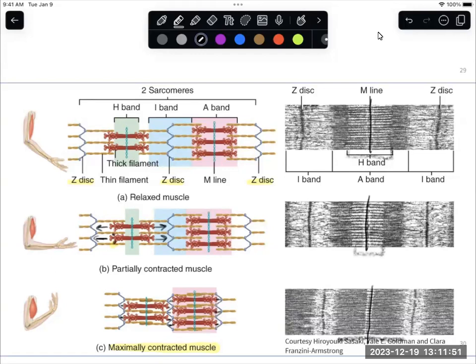Even the A band is pretty hard to see. We've lost that H band, and that I band has gotten smaller as well, with just thin filaments.